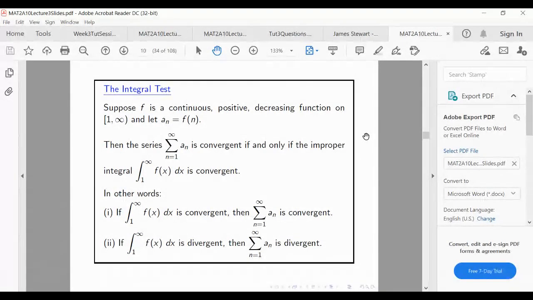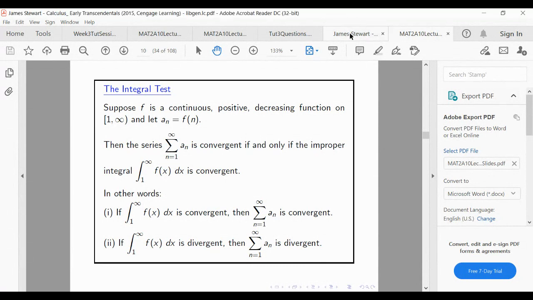Now, notice that this function f is defined for all real numbers, whereas the sequence a_n is defined only at values that are positive integers, in other words 1, 2, 3, 4, and so on. But it's always the case that a_n is the value at n of that function which is continuous on the entire interval [1, infinity). So that's the important thing, right?